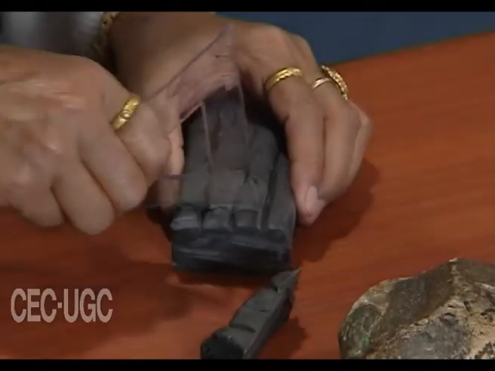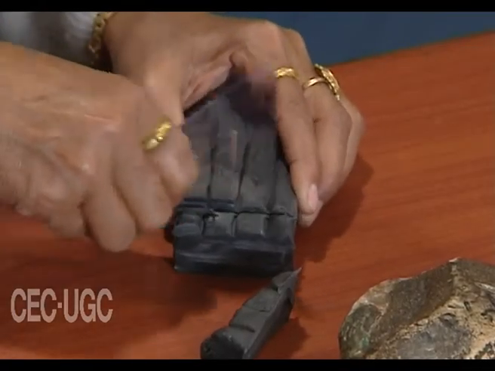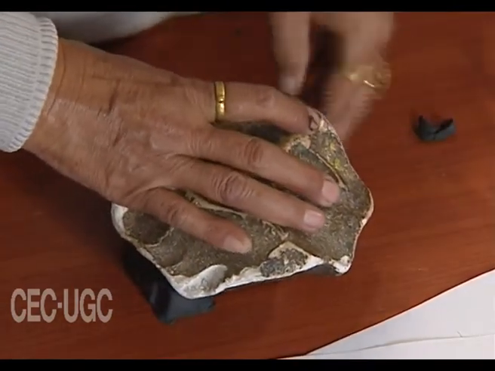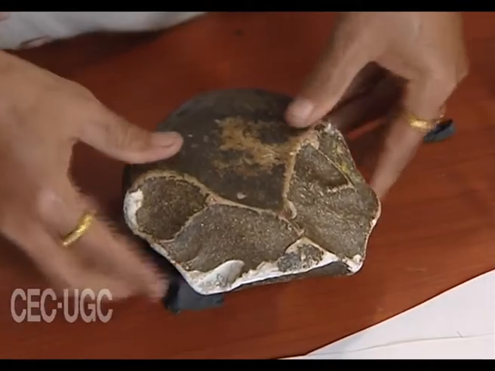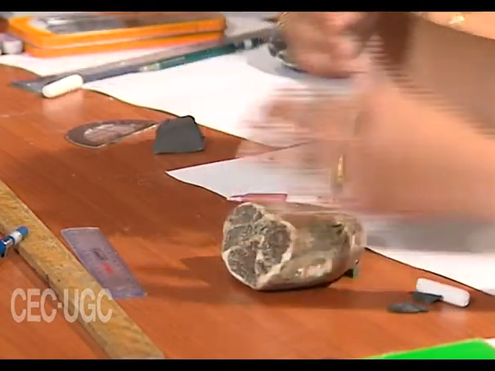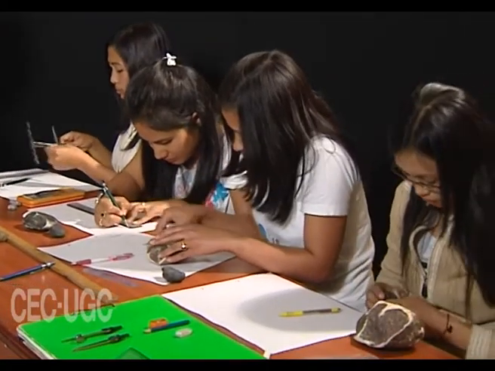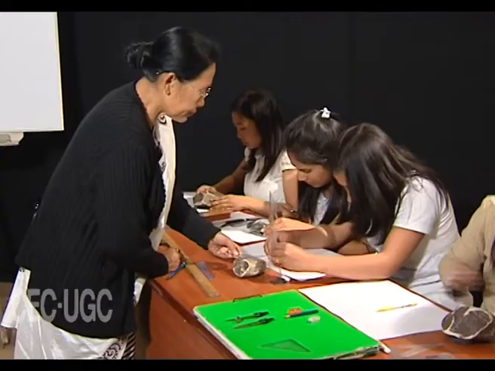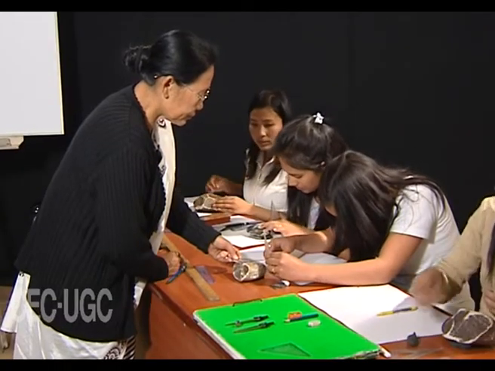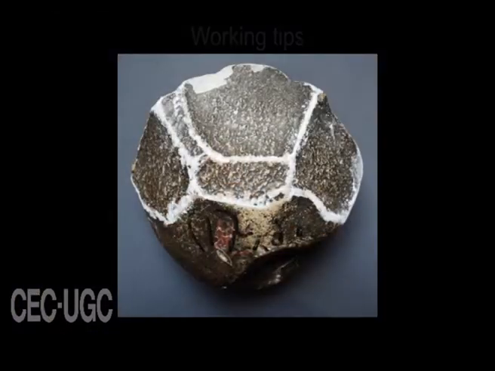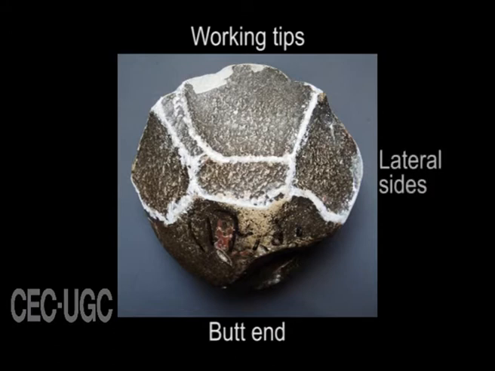The next step is fixing the tool in its proper position by filling the gaps using model clay. And measure the height of each point, say, working tip, butt end, and the two lateral sides.